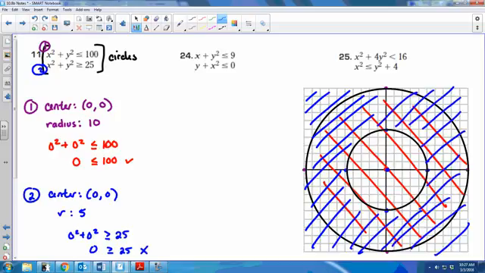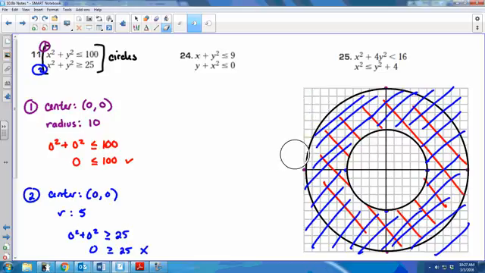So for the system of inequalities, what am I really supposed to shade? Right, in between. It makes like a donut or a ring, right? So if you've already shaded, that's fine. I just need to make sure that you identify somehow that the solution set is inside the ring.